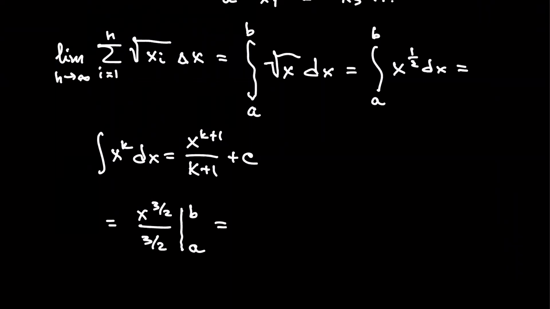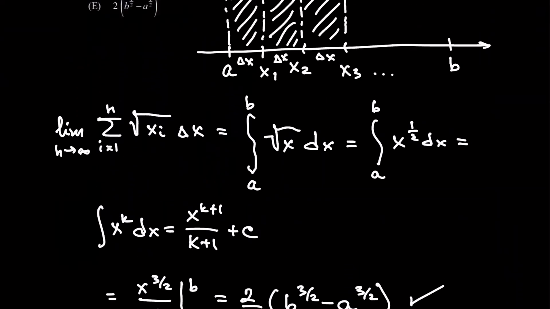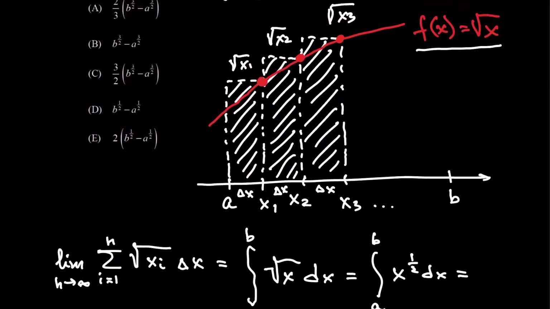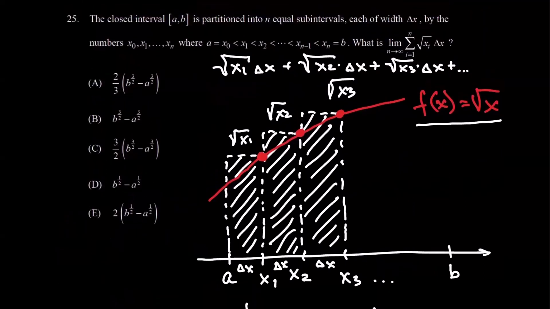Dividing by 3 over 2 is the same as multiplying by 2 over 3. So this is 2 over 3 times, plugging in b and a, b to the 3 over 2 minus a to the 3 over 2 power. And so this is our answer: 2 over 3 times b to the power 3 over 2 minus a to the power 3 over 2. Let's go back to our possible answers, and we see that the answer is A.